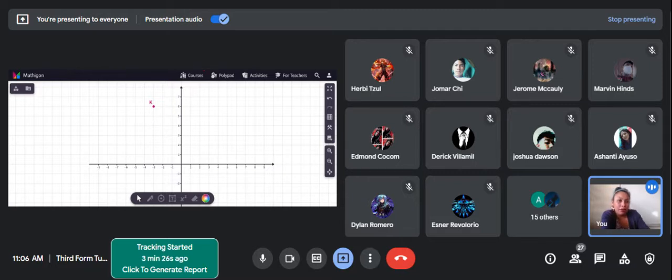You go and you label the other one. The other point is 0, 6. So I'm going to find 0 and then go up to 6 right there. And I'm going to label this one as letter L.